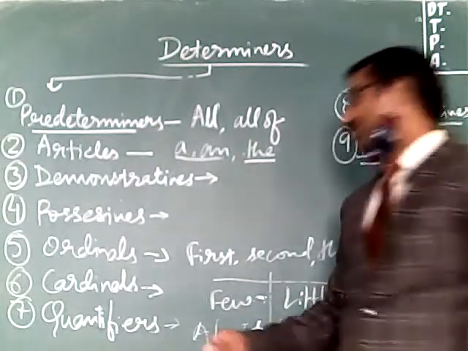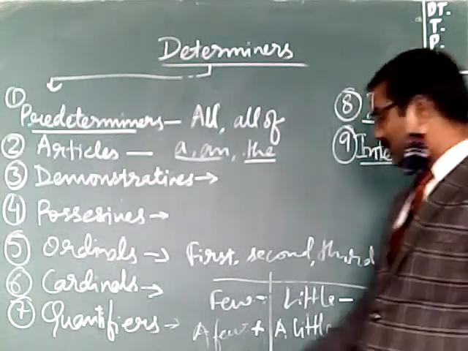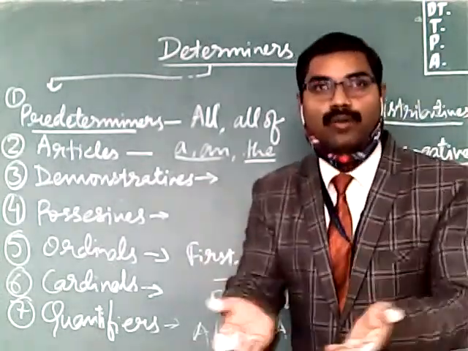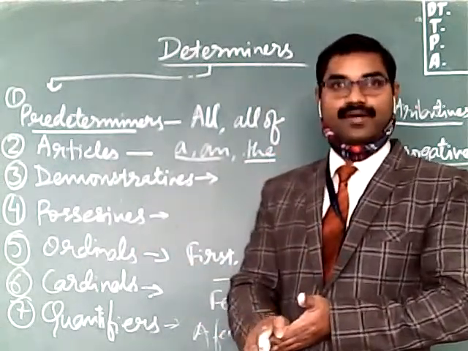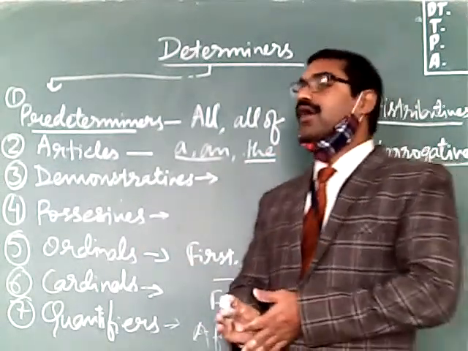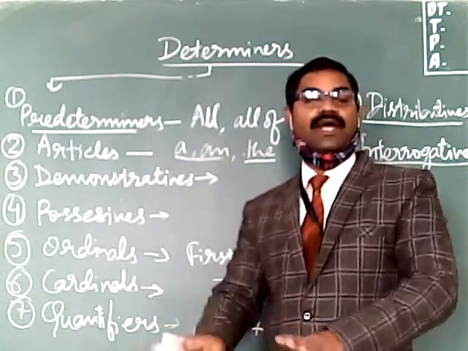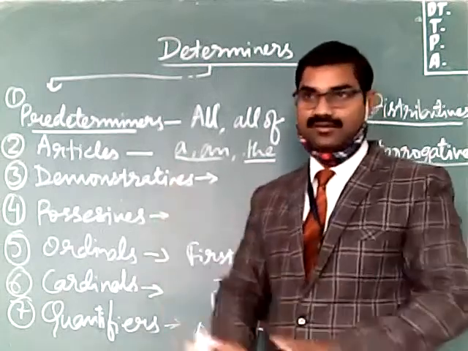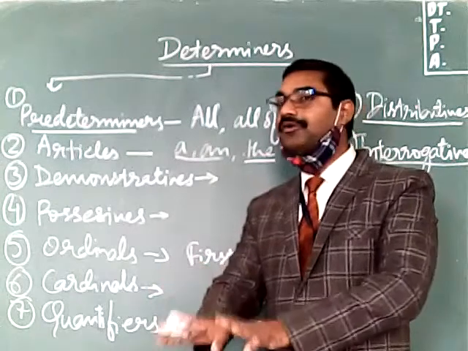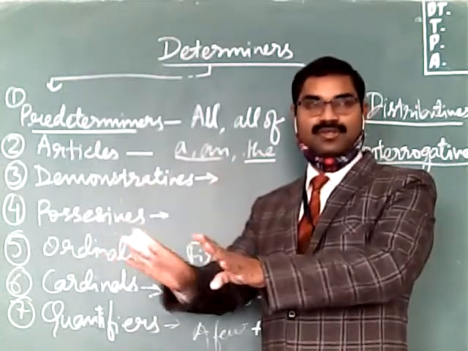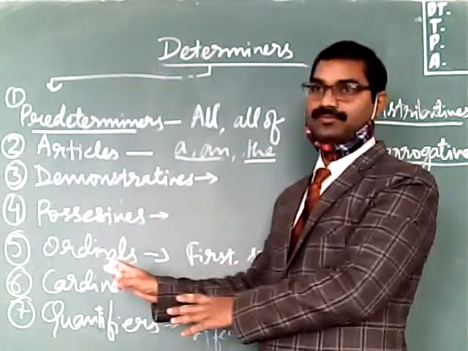Another thing is, when it is written the few or the little, it means that you are talking about the whole of whatever you are having, whether it is less or much. When you are talking about the thing that is left, there you say the little, or the few boys, meaning the boys left in the class.